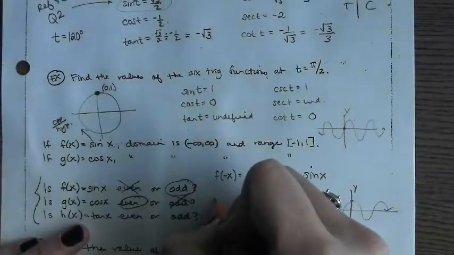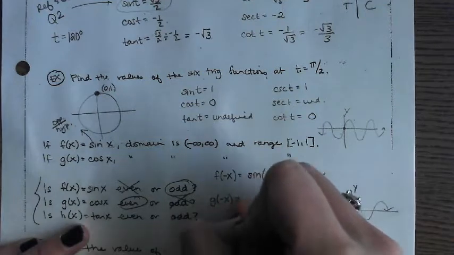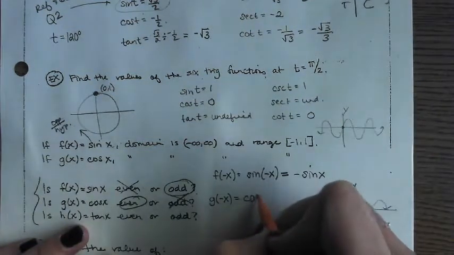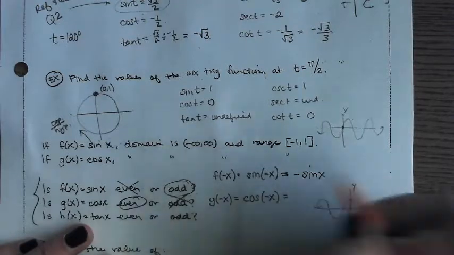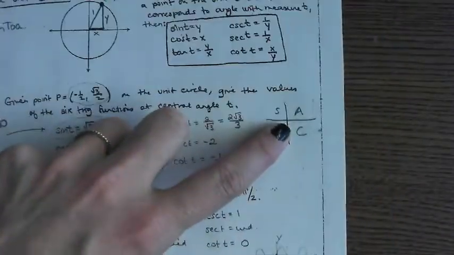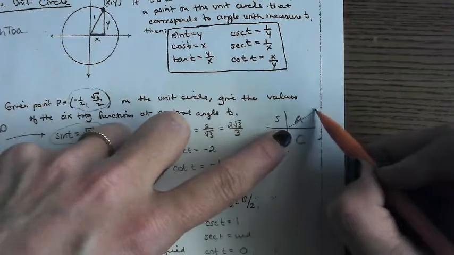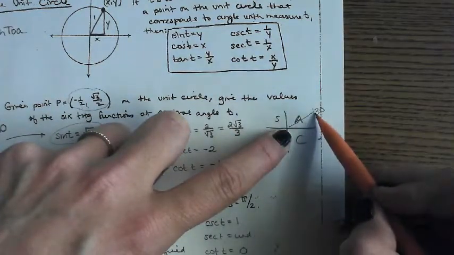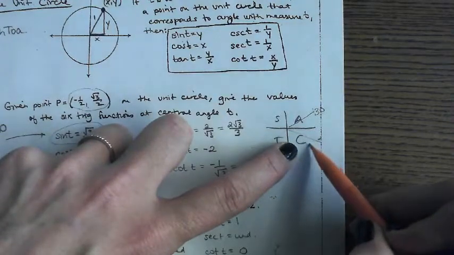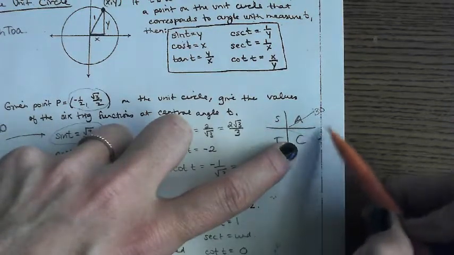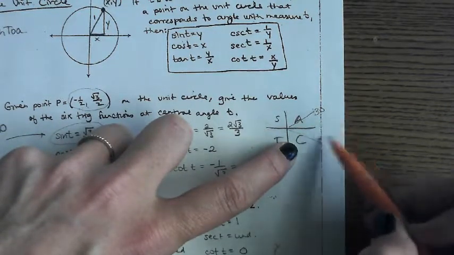Algebraically, though, if I do g of negative x, and I try to find the cosine of negative x, let's watch what happens. Let's do the same angles. If I start with a 30, the cosine of 30, here's negative 30. Do you see that cosine is also positive there? So they end up being the exact same value regardless.